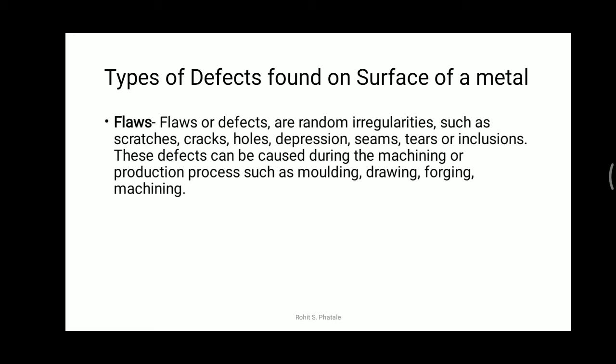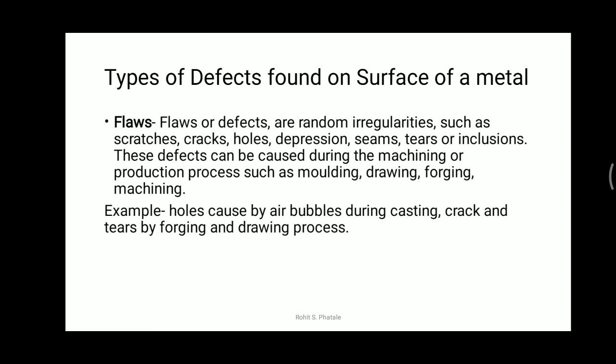These defects can be caused during the machining or production process such as molding, drawing, forging or machining. All these defects are possible because of the machining or production process.